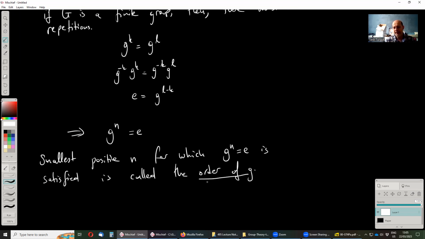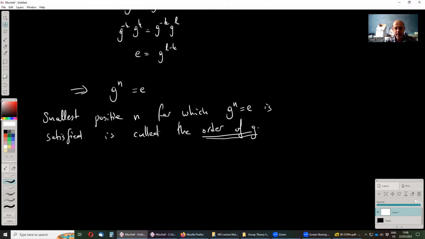So we have these two concepts. Order of a group is the number of elements within the group, but order of an element is this quantity here. It is positive, so therefore it cannot be zero. So the zero power is also equal to identity, but that's not counted. So it is the smallest possible solution of that equation anyway.